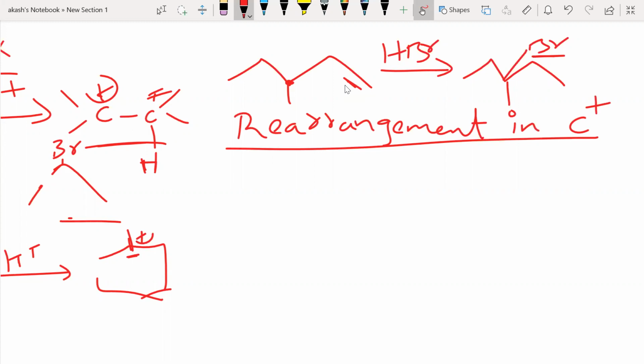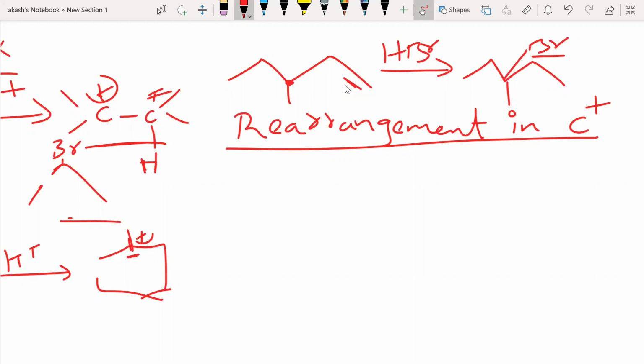So what I'm trying to tell you is that if there is a possibility that there's a carbocation, and that carbocation is not so stable, and if that carbocation can rearrange itself to form a more stable carbocation, that rearrangement will definitely take place.